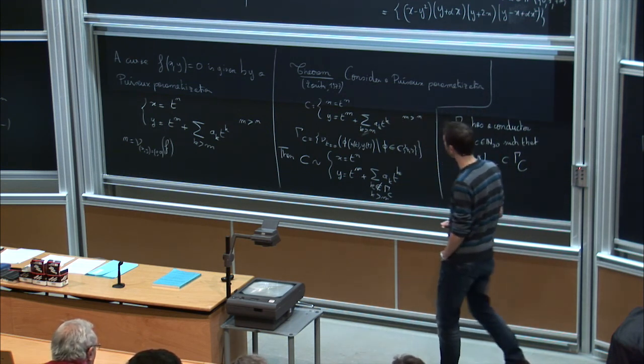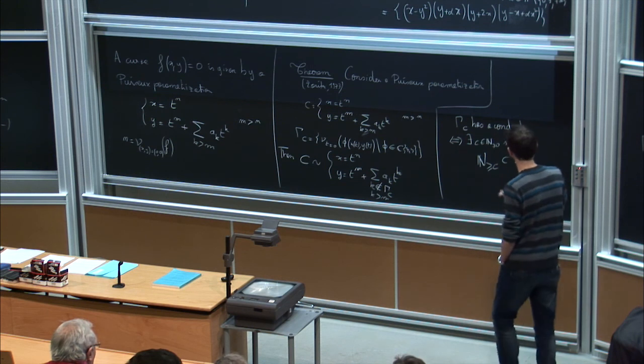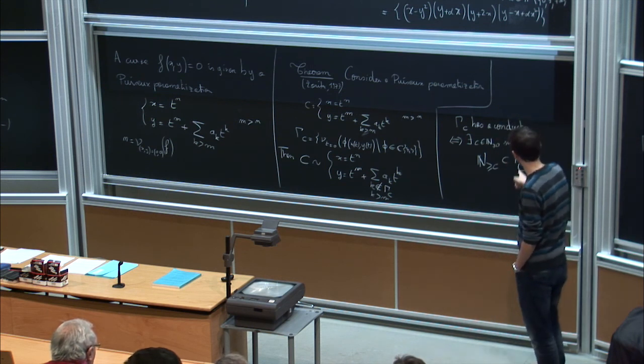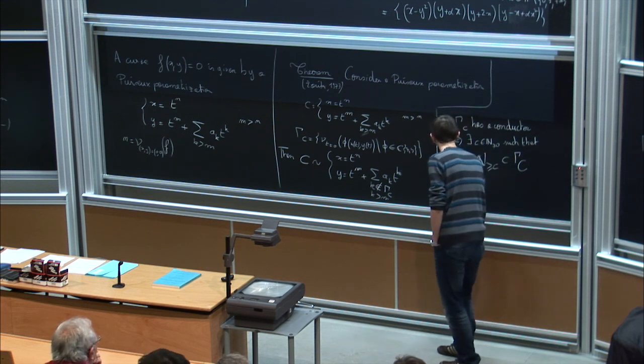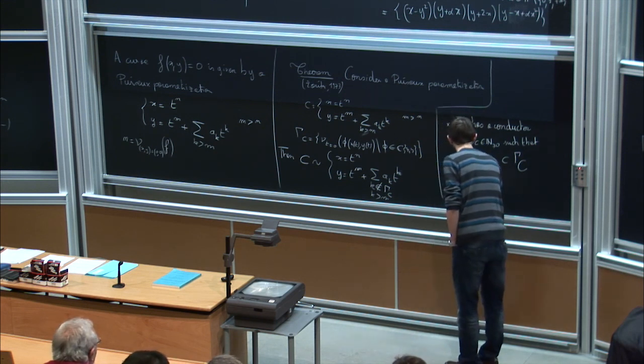He also proved something much more difficult to prove than this fact: that gamma C is a topological invariant.